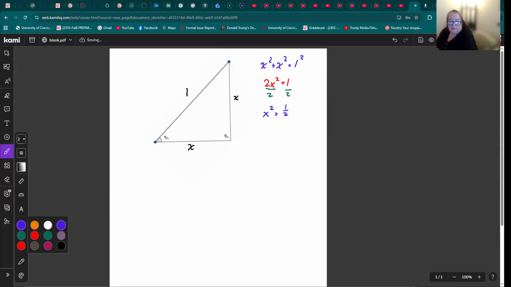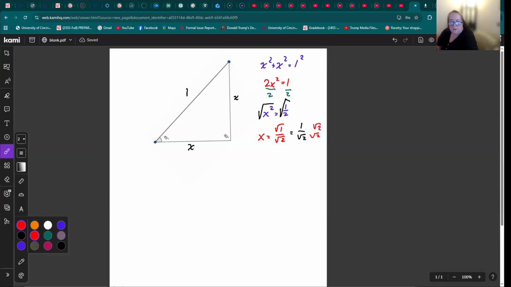Square root both sides. And I will have, skipping a little bit, x equals the square root of 1 over square root of 2, which is the same thing as 1 over square root of 2. Multiply top and bottom by square root of 2 over 2.